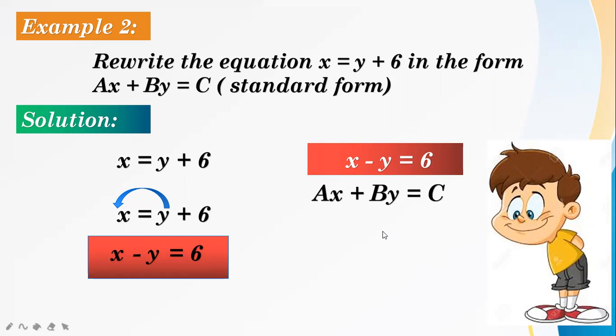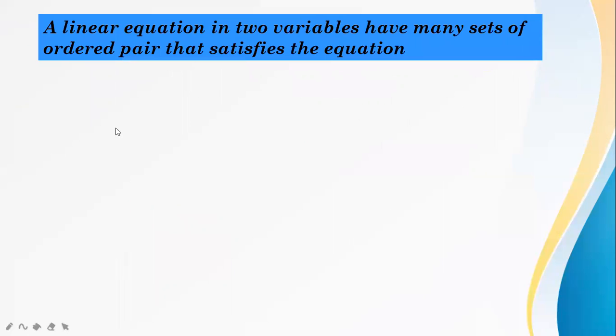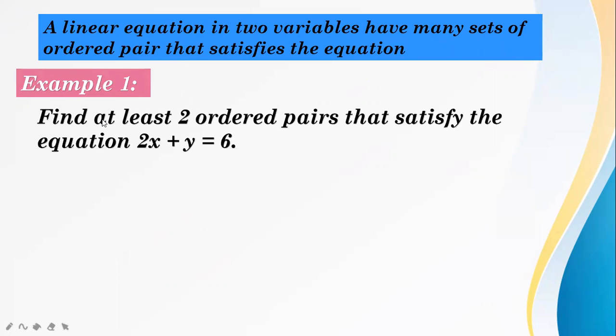Now let us identify a, b, and c, where a is positive 1, b is negative 1, and c is the constant, so c equals 6. A linear equation in two variables has many sets of ordered pairs that satisfy the equation. Example number 1.